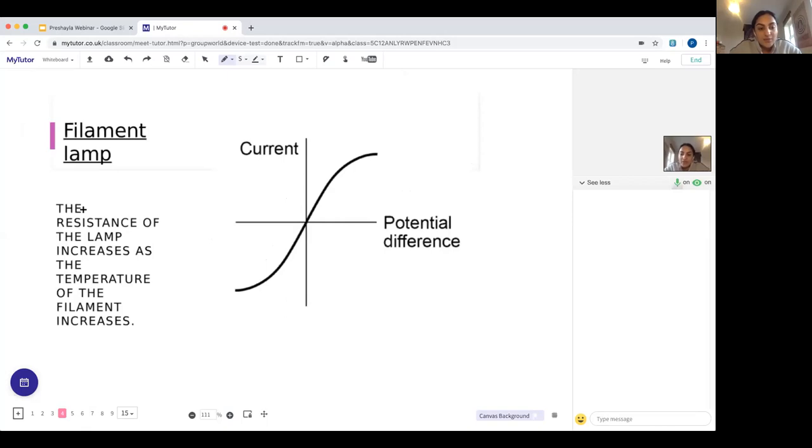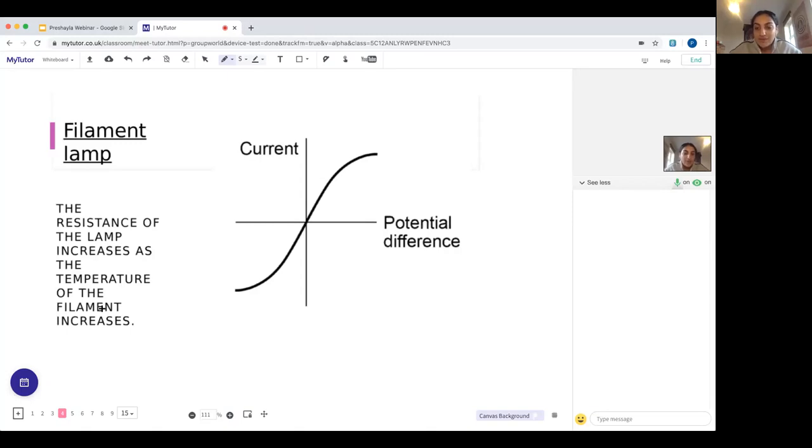It's described by this rule here: the resistance of the lamp increases as the temperature of the filament increases. In the lamp, we have a little filament, and as we push more current and potential difference through it, it gets hotter and hotter, and the more you leave it on, the hotter it gets.